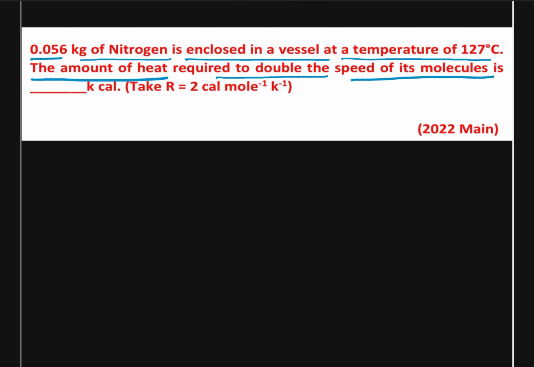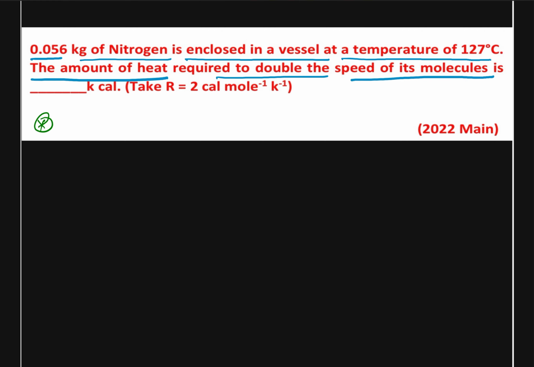So in this case we are given the mass of the nitrogen, and we know that the RMS speed of the molecules is given as the square root of 3RT divided by m. So we are going to use the basic formula.